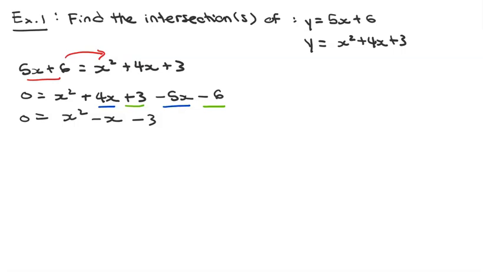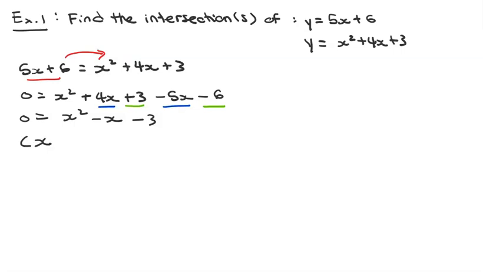Now, back in grade 10 math, if we think about what we did back then, we can remember that we saw this type of equation before. This is just a regular trinomial. We can factor this. If we want to factor this, we want something that is going to multiply to negative 3, but add to negative 1.